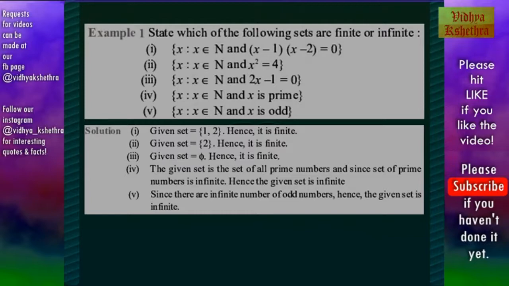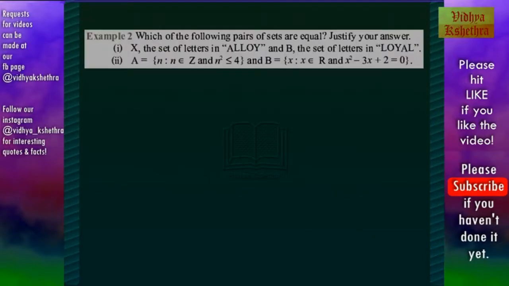Then the fourth one, x is prime. In this case, the given set is the set of all prime numbers, and since the set of all prime numbers is infinite, the given set is also infinite. Then the fifth one, x is odd. Since there are infinite numbers of odd numbers, the given set is infinite.